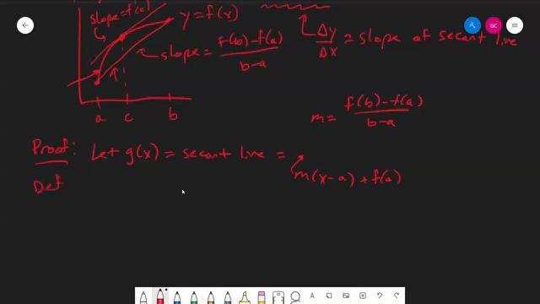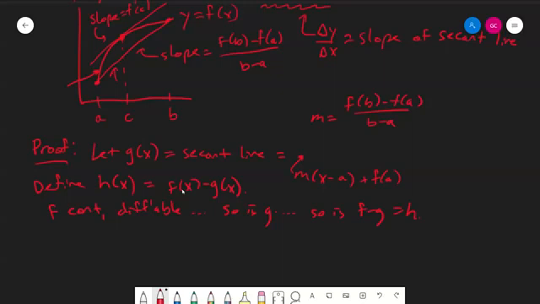And now we're going to define one more function, h of x, which is going to be f of x minus g of x. Now, we note that f was continuous and differentiable, and so is g. I mean, g is just the equation of a straight line, so that's continuous everywhere, it's differentiable everywhere. And if f and g are both continuous and differentiable, then so is f minus g.